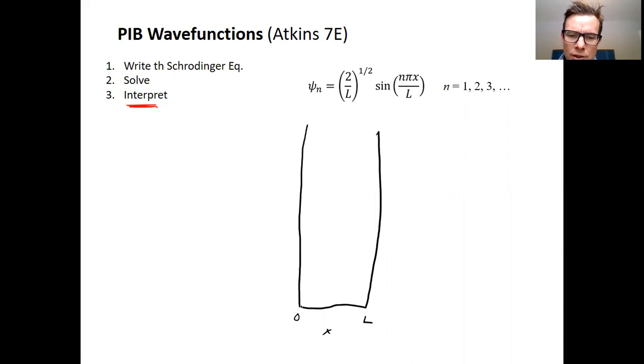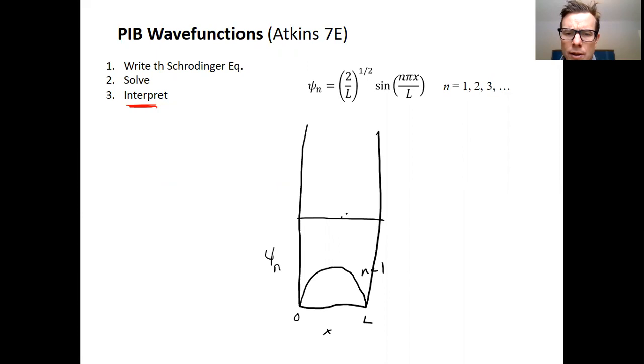Right? So if n is equal to 1, I'm going to put psi sub n, I get one hump. At x equals L, it's 0. At x equals 0, it's 0, and I get one hump in the middle. If n is equal to 2, again, it's 0 at the edges.